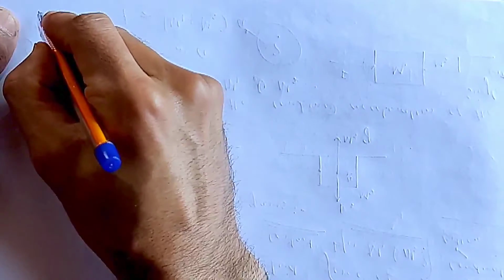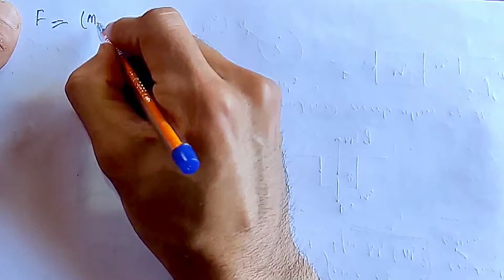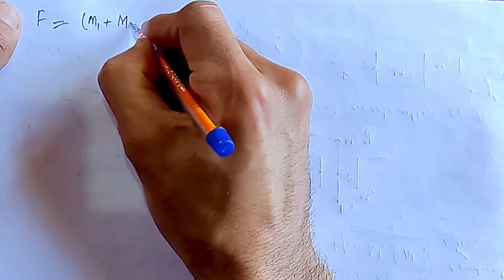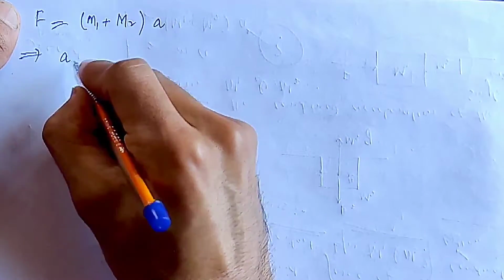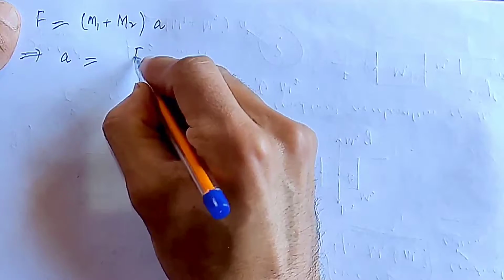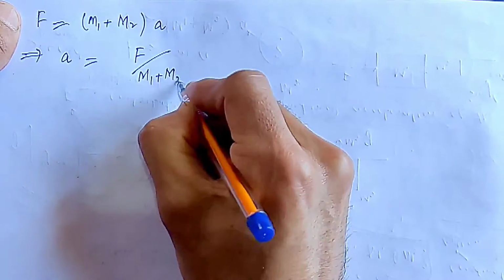So till now we have got the force acting on the system as m1 plus m2 times the acceleration, which further implies that the acceleration a equals F upon the mass of the two bodies, that is, the mass of the system.